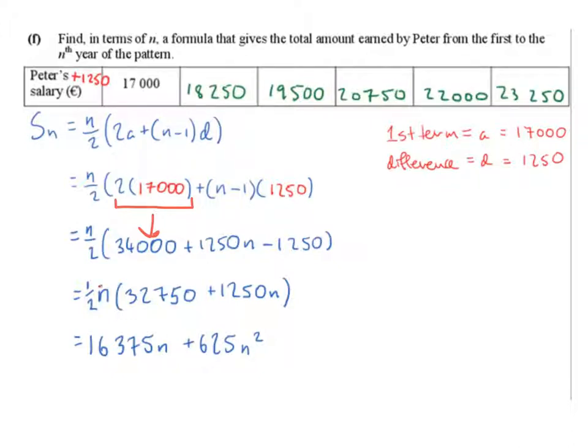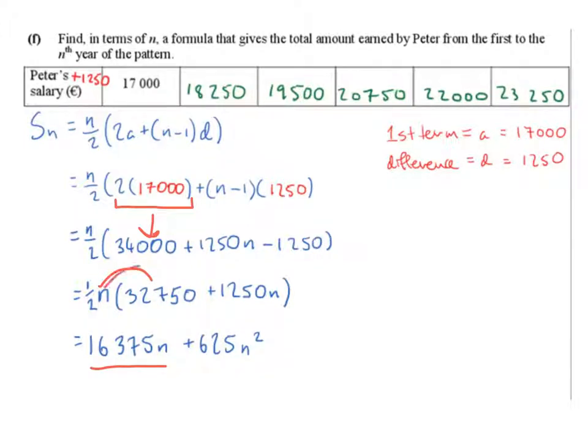So a half n times 32,750 is 16,375n. So basically a half of 32,750 is 16,375, and then we just stick the n on.